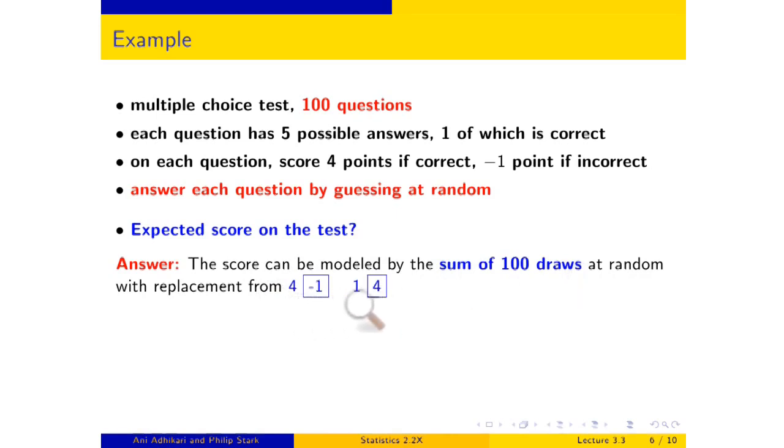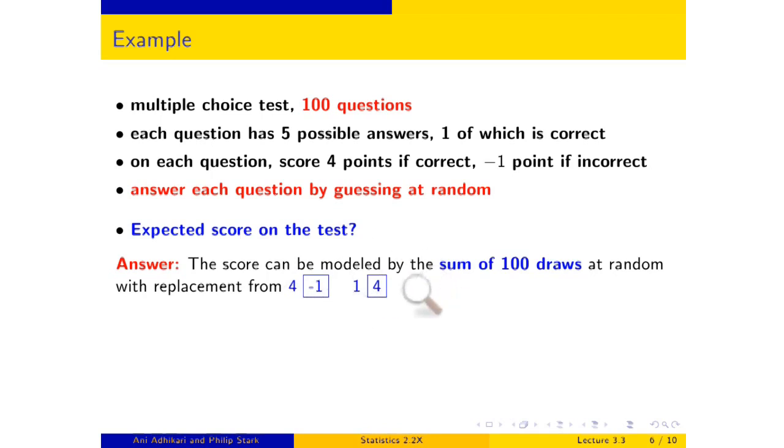This box is what we just talked about, plus me being lazy. On a single question, you can either get +4 or -1. And really, I should have drawn the box as -1, -1, -1, -1, and 4, but I'm lazy. So I just said 4 tickets labeled -1 and 1 ticket labeled 4.